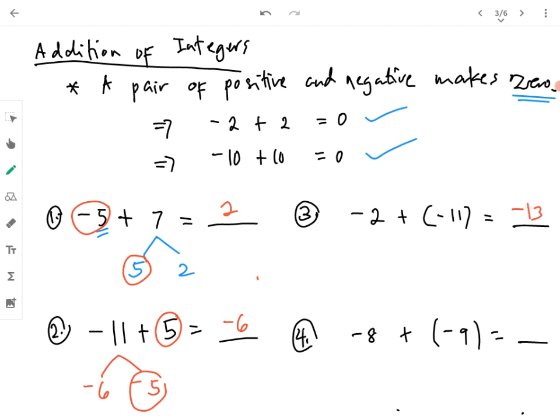The same with number 4: 8 negatives plus 9 negatives. Both are negatives and we simply add them. 17 negatives. That is how we do addition of integers. Either one is negative and the other is positive, as in 1 and 2, or both are negative, as in 3 and 4.